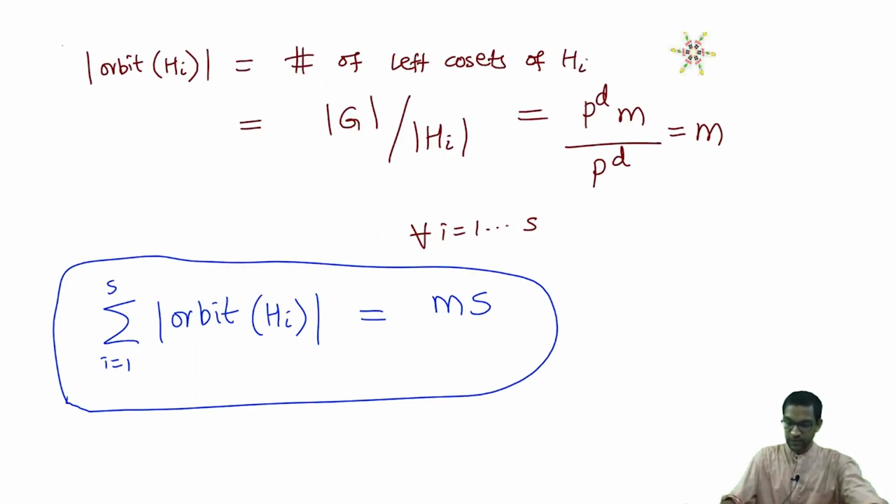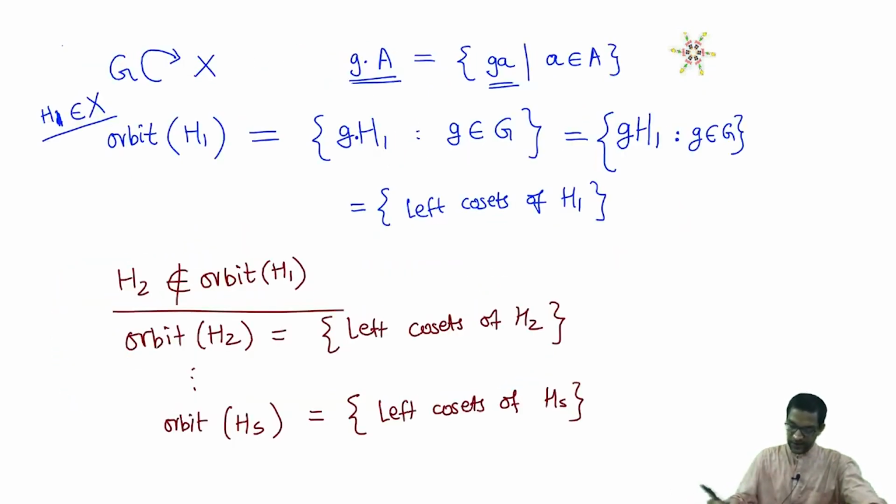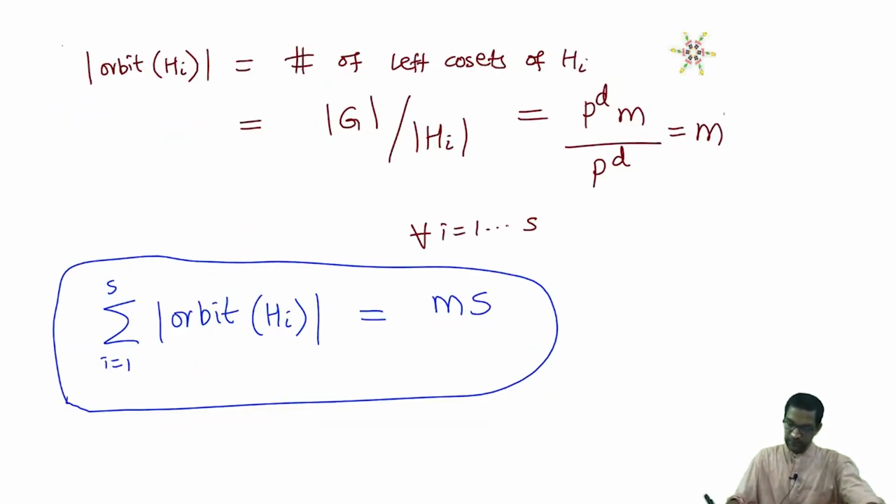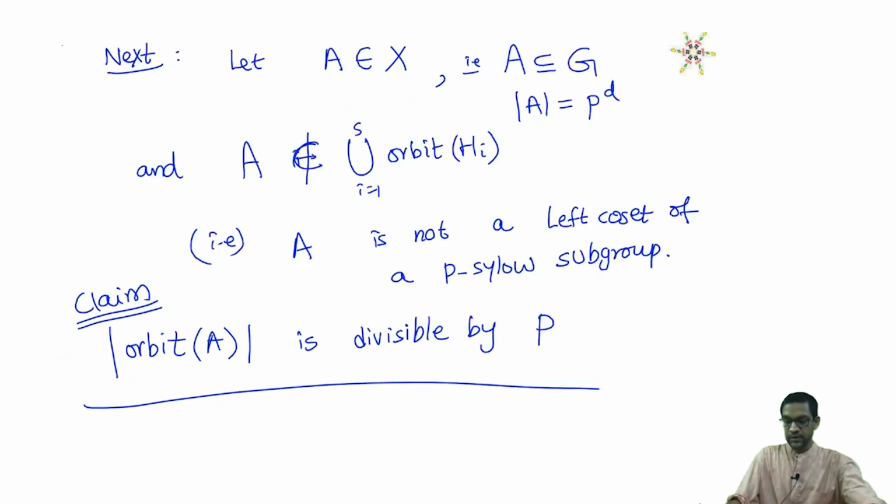Their cardinality was M, the cardinality of the p Sylow subgroups. So those orbits have cardinalities which are not divisible by p, because M is of course not divisible by p by assumption. But any other orbit has cardinality which is a multiple of p. That's our claim.